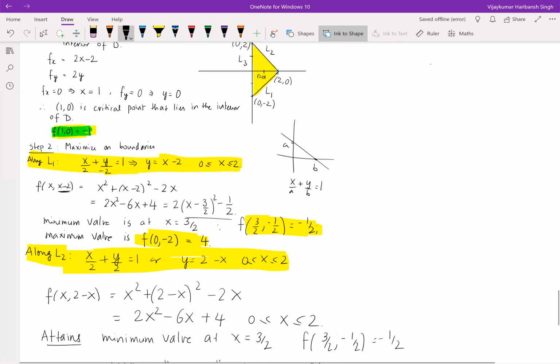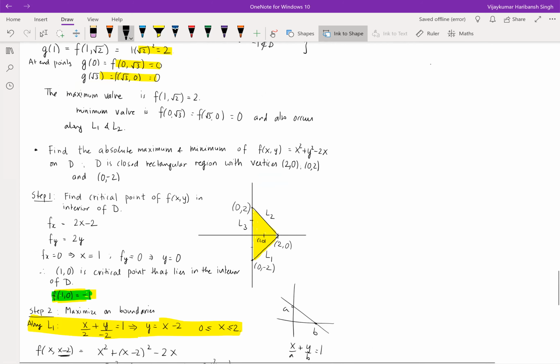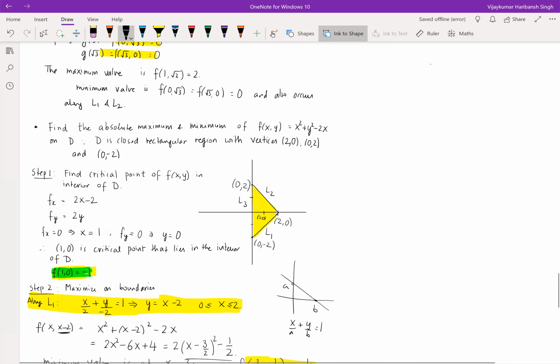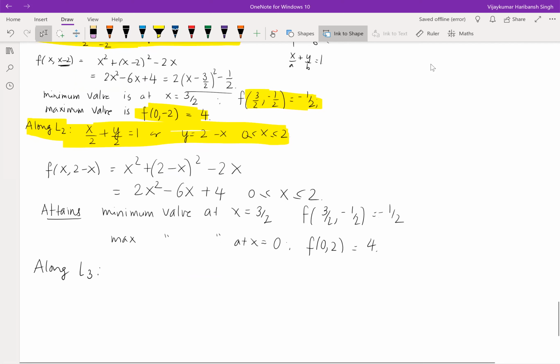Now comes L3. L3 is simply x equals 0 from minus 2 to 2. Along L3, x equals 0 and y goes from minus 2 to 2.